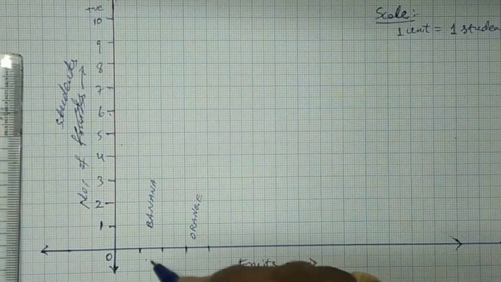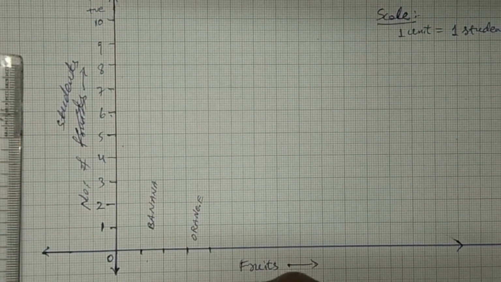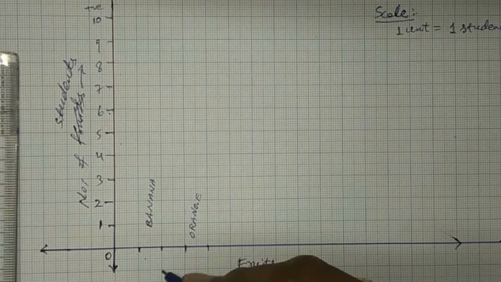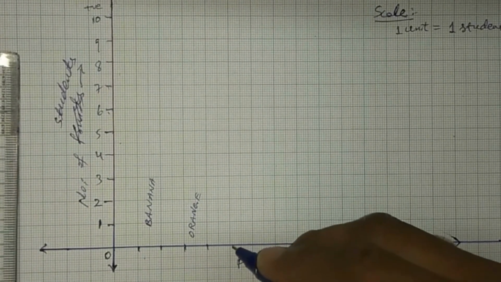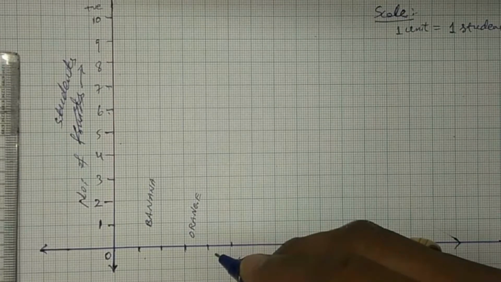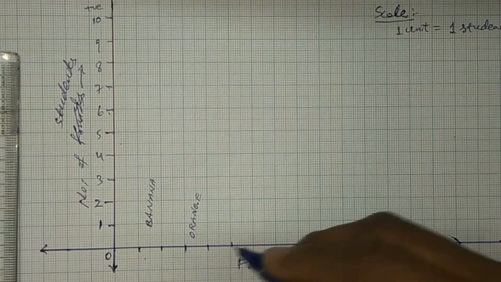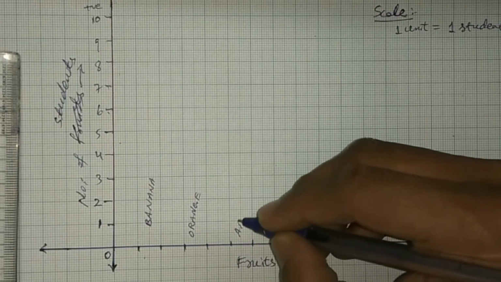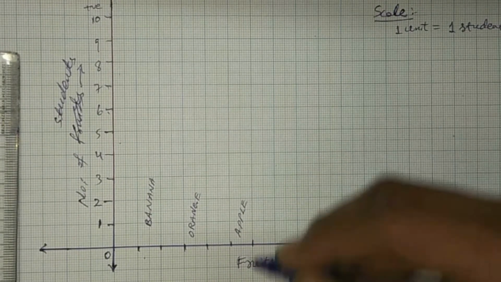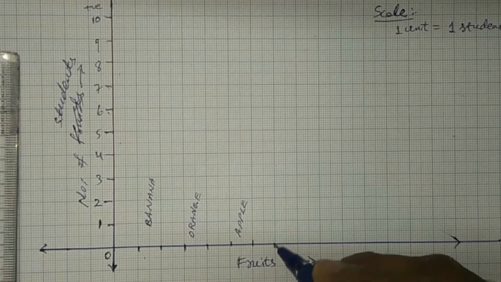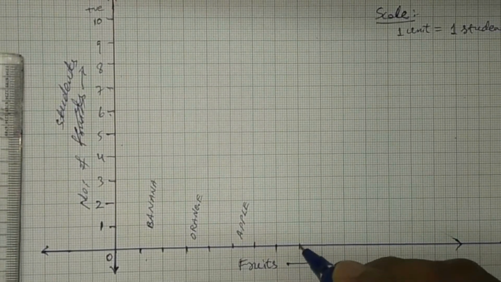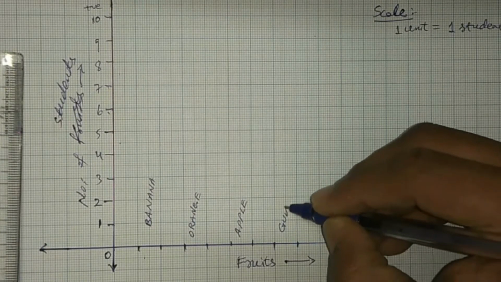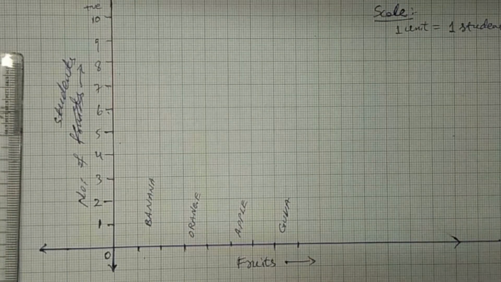We need not write here, we can write down below. Since I do not have place, I am just writing down below. Here we will give a gap, and the next unit we will consider as apple. Then we will give the next unit as a gap, and alternatively we will be writing the names of the fruits. Here we will get guava.